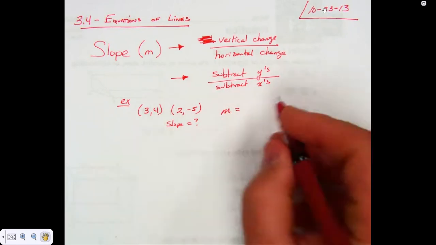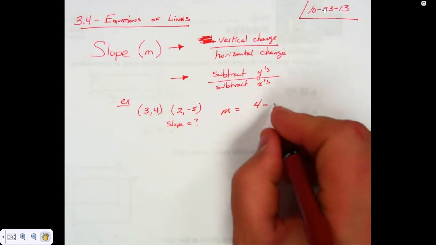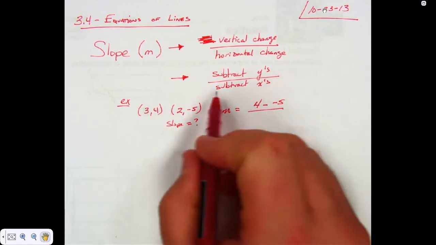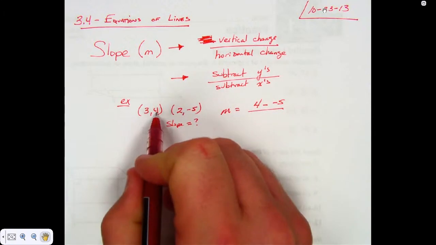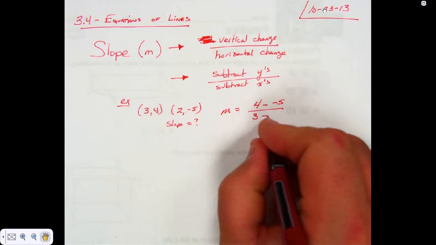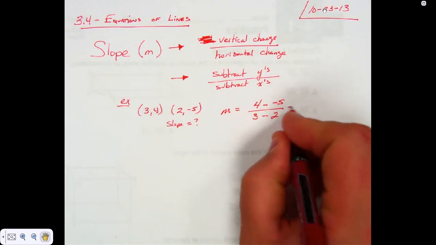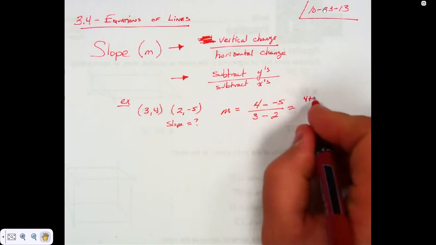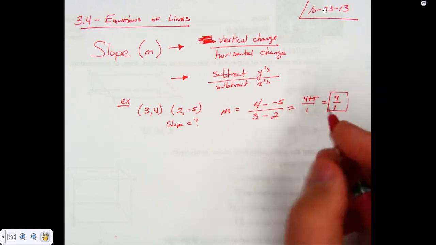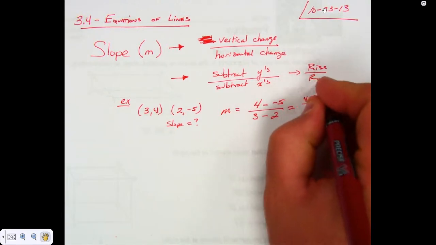I would subtract my y's, which would be 4 minus negative 5, over, I would subtract my x's. Now, here's the only thing that matters. If I use this 4 first, I have to use the x that goes with it first on the bottom. So 3 minus the other x, 2. This becomes 4 plus 5 over 1, equals 9 over 1. And I know you all have heard of rise over run.